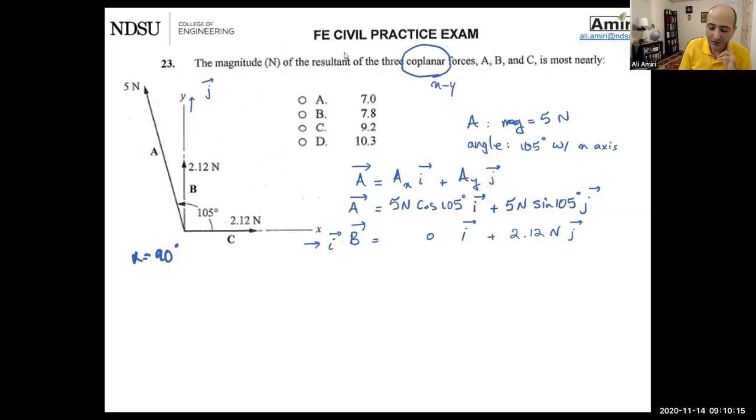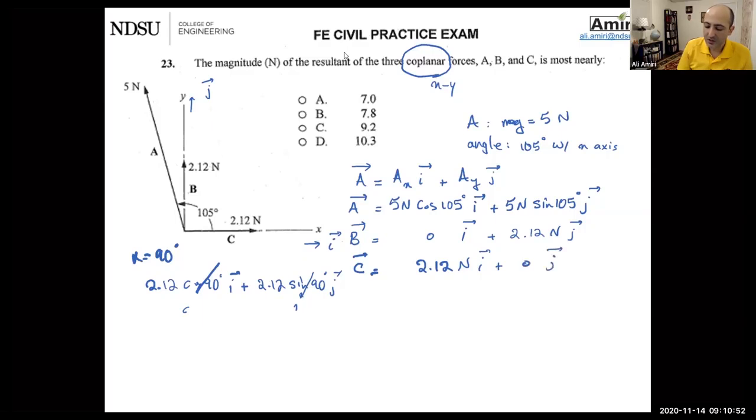So if we go with our equation, it would be 2.12 cosine 90 I plus 2.12 sine 90 J. This is 0. This will be 1. So you get the same answer. Whether just looking at it or using the angle, we'll get the same result. Vector C is pointing only along the x-axis. So it would be 2.12 newtons I plus 0 J.